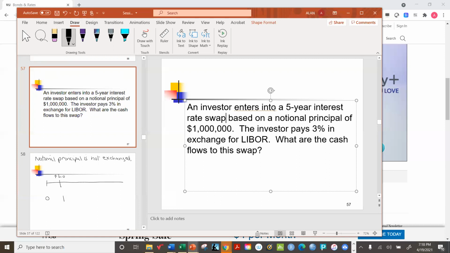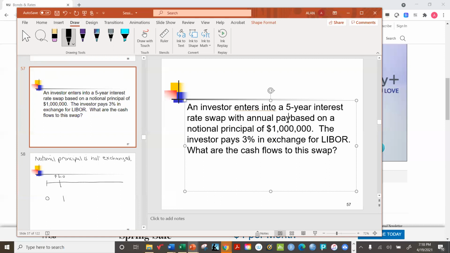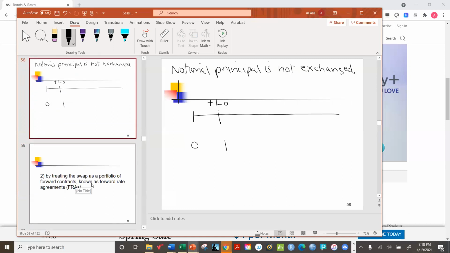Just keep it simple. Okay, so I collect LIBOR and I pay 3%. This time I'm collecting LIBOR 1, which means remember this number. I'll tell you what, instead of putting 3%, why not just put the $30,000? So that means L1 means the LIBOR rate times $1 million.